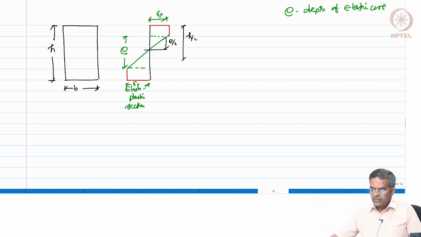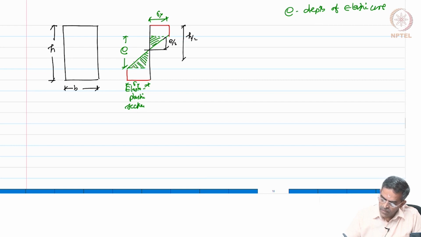Let us consider this cross section and the stress distribution diagram, which is elastoplastic as shown in the figure, right. First, let us find out the depth of elastic core. So, this is the elastic part and this is my plastic part.